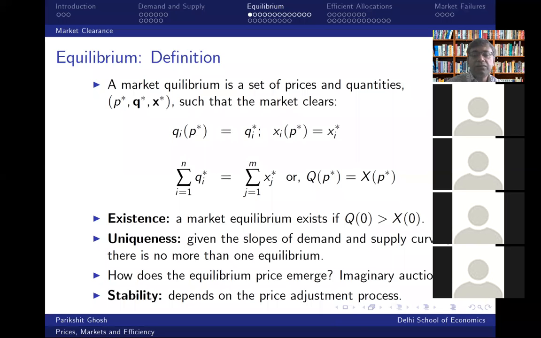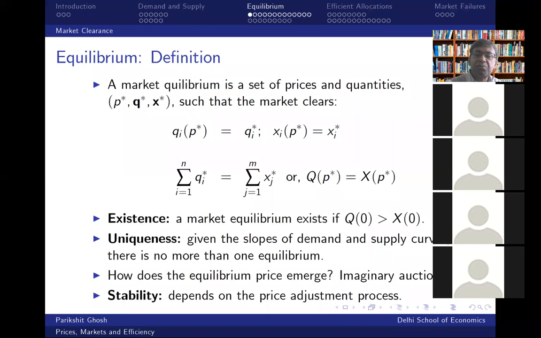Now, let me speed up a little. When we are studying market equilibrium, several kinds of theoretical questions arise. One is a question of existence. What assumptions do we need to make in a general model to make sure that there is at least one market equilibrium?